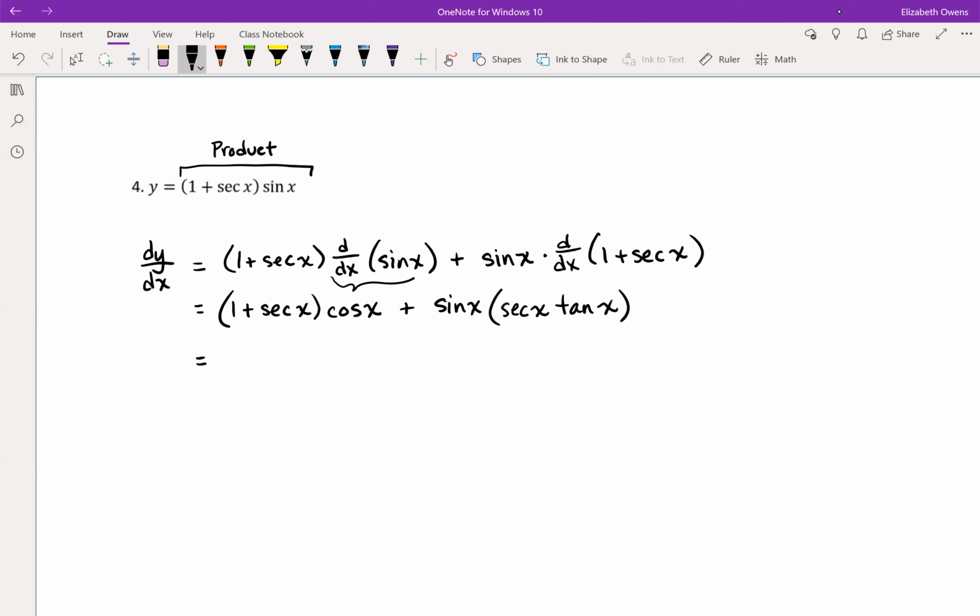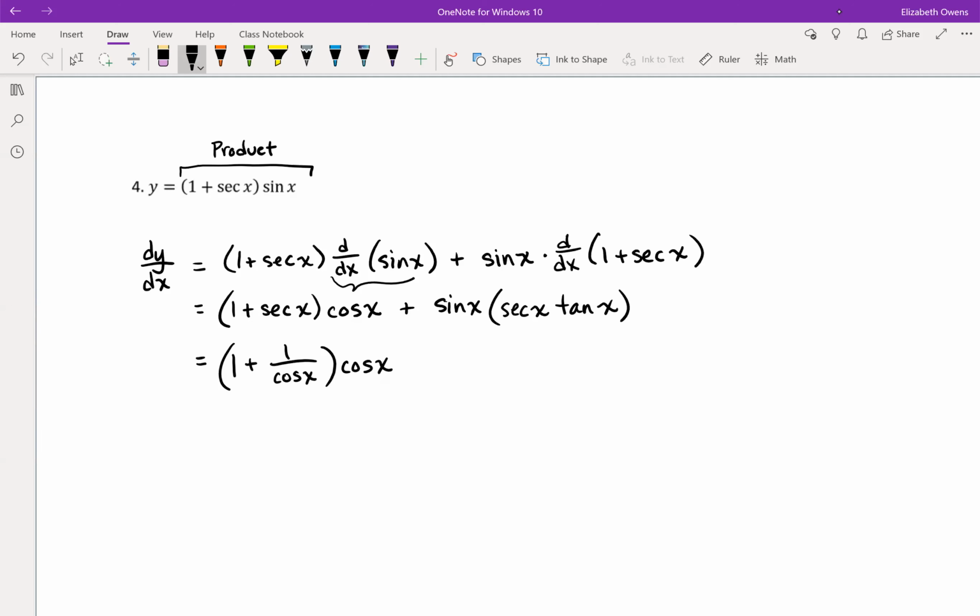So let's try and simplify some things here. To help us do that, one thing I'm noticing is the secant. Secant is 1 over cosine. So how about if we wrote it like that and then distributed this cosine x from the outside there?